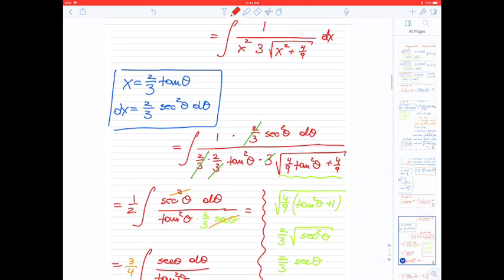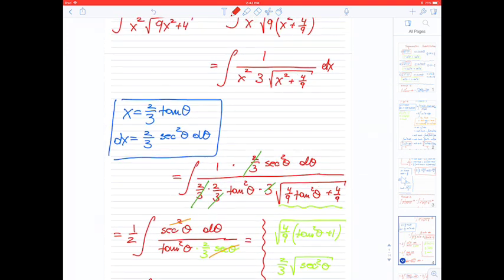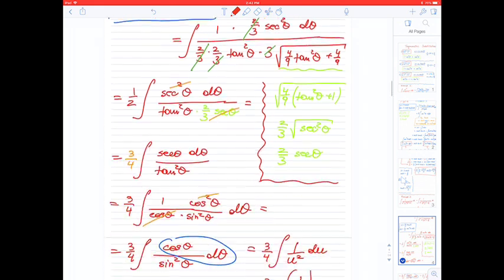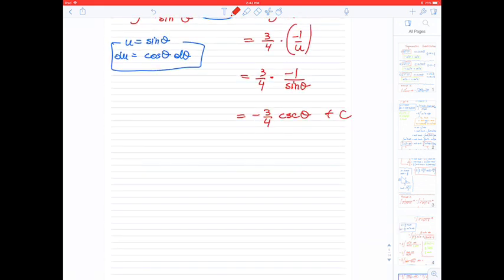Let's check what the substitution was. Substitution was x equals 2/3 tan theta, which means tangent theta is 3x over 2.